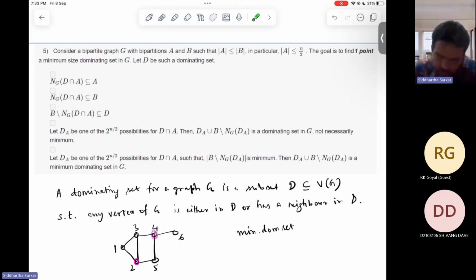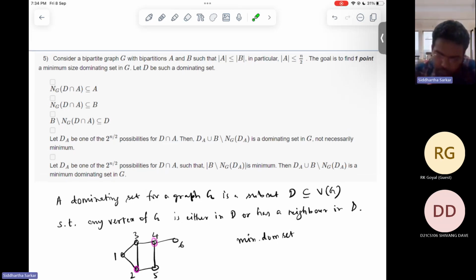So now we come back to the question. We have a bipartite graph, and a bipartite graph has two partitions, A and B. The number of vertices in A is at most n by 2.